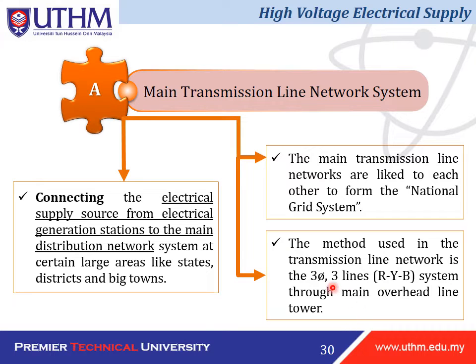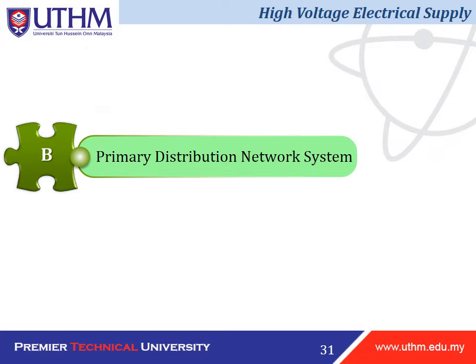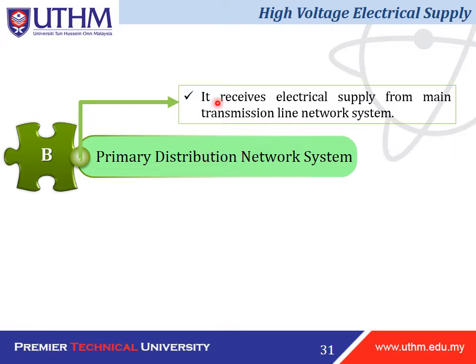The method used in the transmission line network is the three-phase, three lines, red, yellow, blue system through the main overhead line.